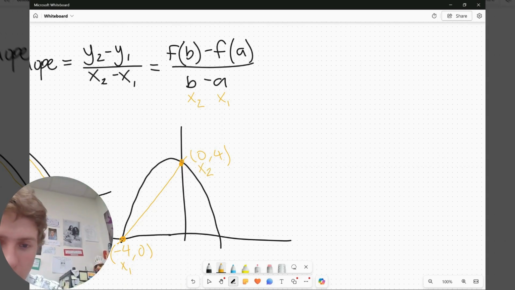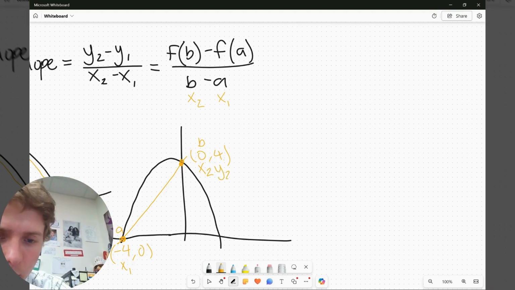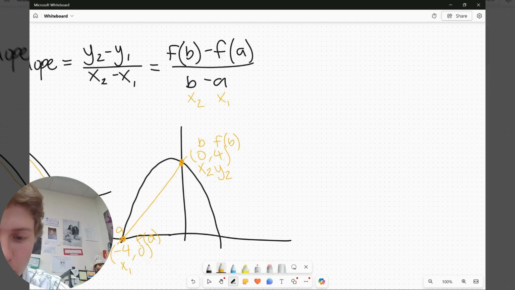In other words, you might call those 2 values your a and your b. Well, that means the other 2 values, your y values, would be the f of b and the f of a. Those are what is known as the output. Your output is always your y value.